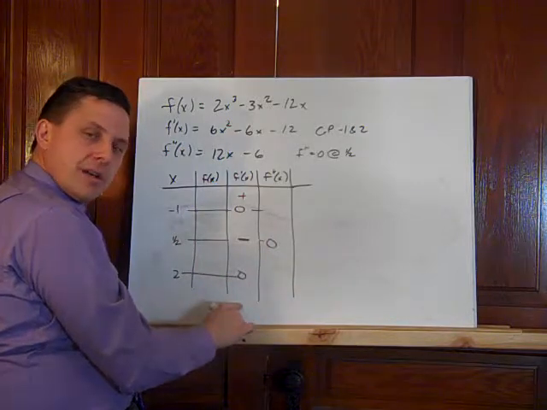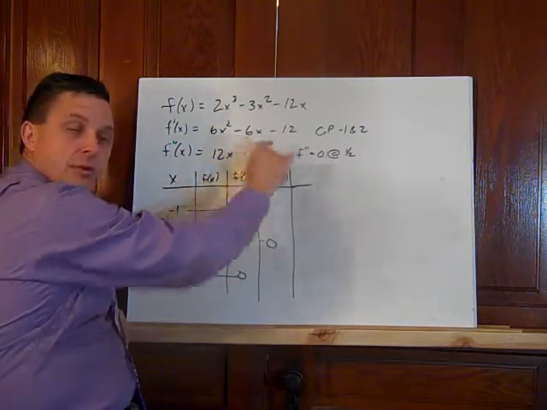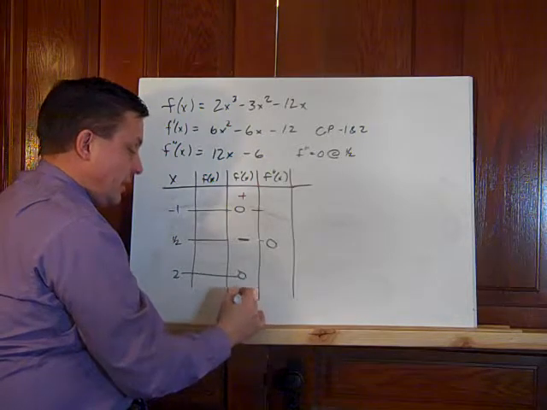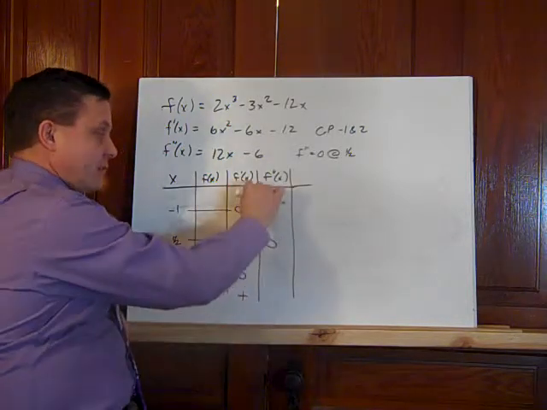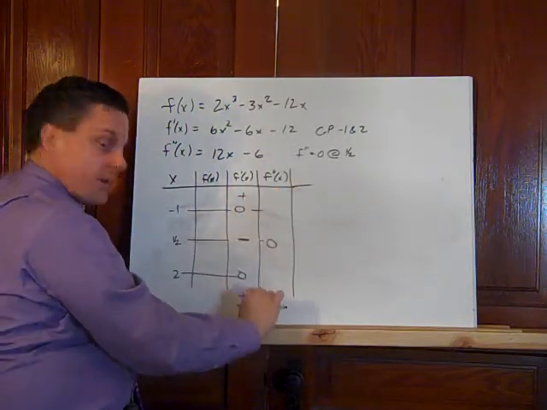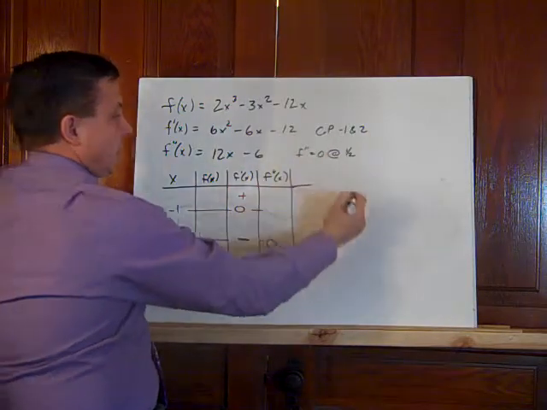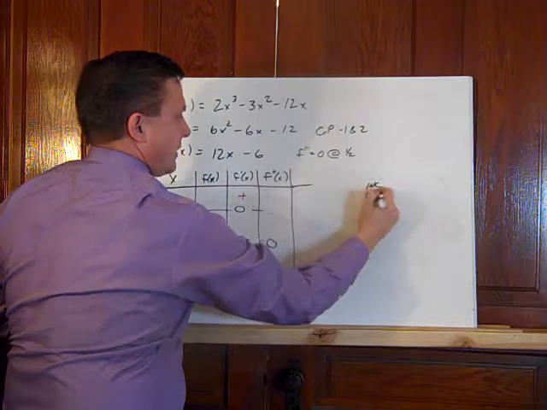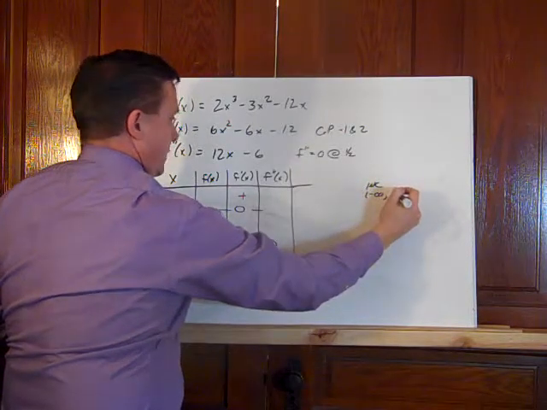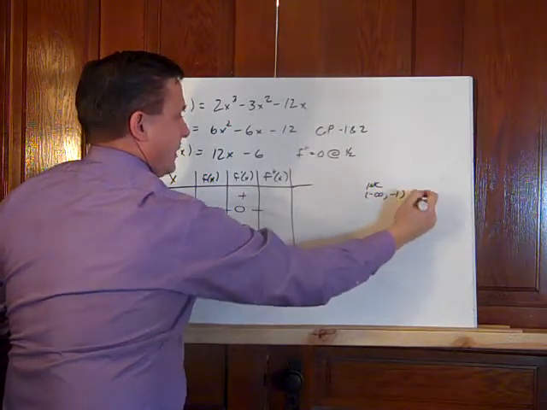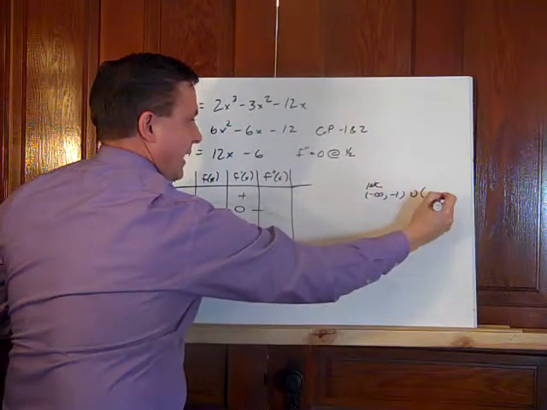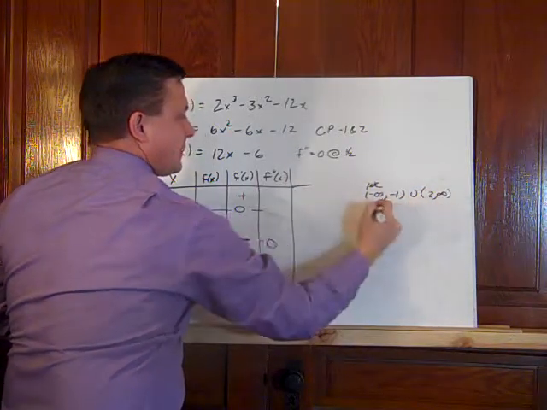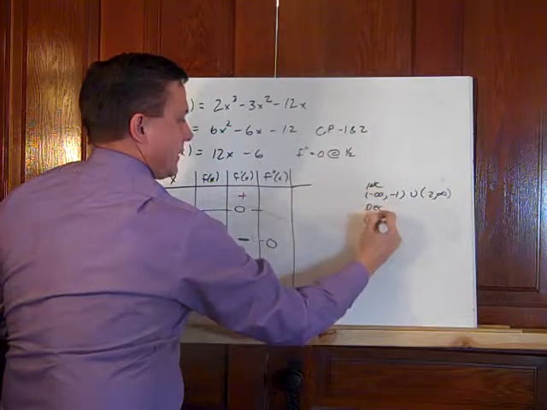And if I look to the right of 2, and I put in a big value, 100, into the first derivative now, I'll see it's positive. So I'll see it's increasing here, and decreasing in between. So I can write that up over here. Increasing from -infinity to -1, and 2 to positive infinity, decreasing between -1 and 2.